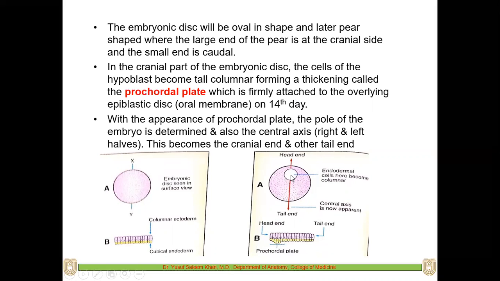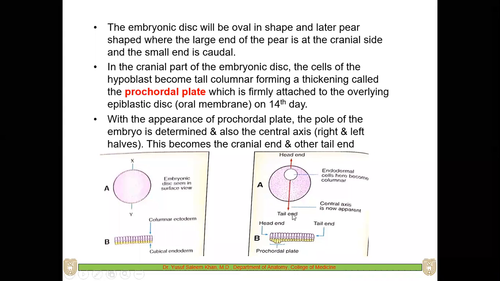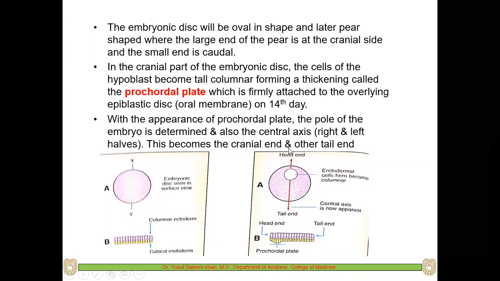Before the primitive streak is formed, the appearance of this prochordal plate itself will determine which is the head end, because this prochordal plate is formed near the head end. And also the central axis, the midline. Till now we did not know which is the midline. Now, because this is formed at the midline, we know the midline, central axis, right and left half.